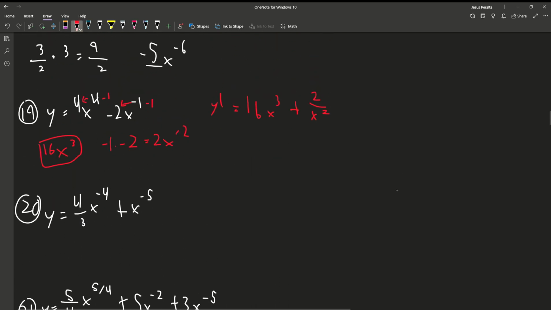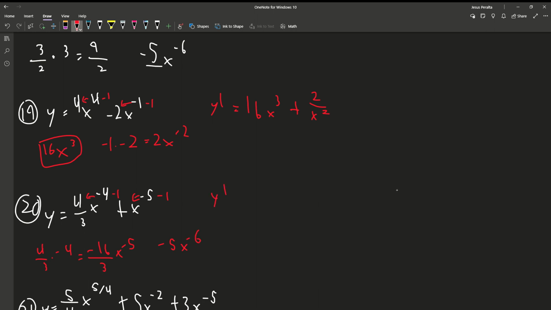Okay, so then multiply, that's the same thing as saying 4 over 3 times negative 4, which is equal to negative 16 over 3. Then subtract 1, and that's the same thing as saying x to the power of negative 5. We'll rewrite that right now, though. For the second part, you do that, and you get negative 5x, and then subtract 1, and you get negative 6.